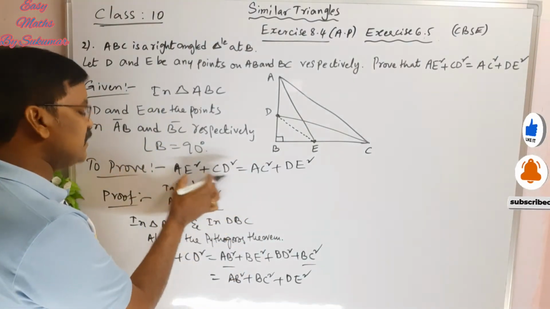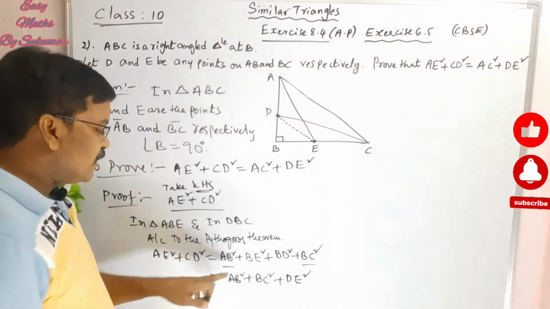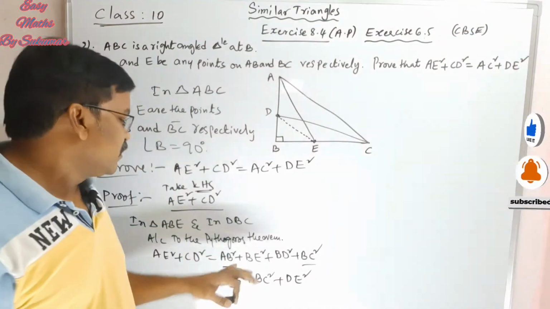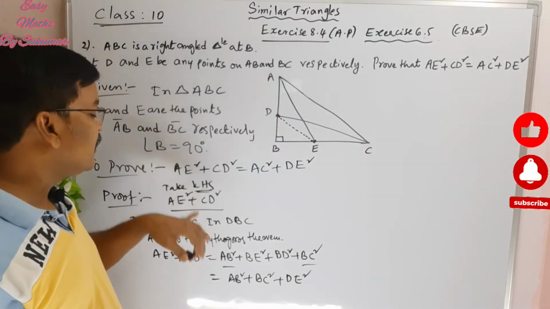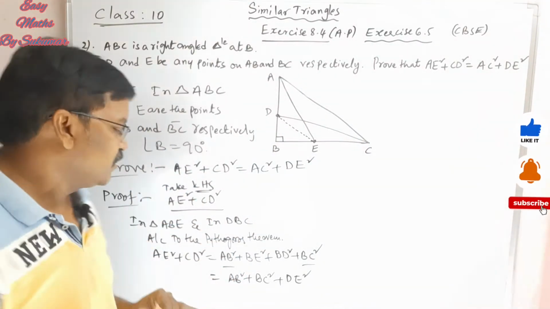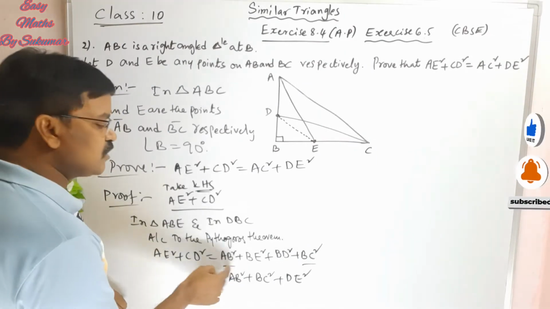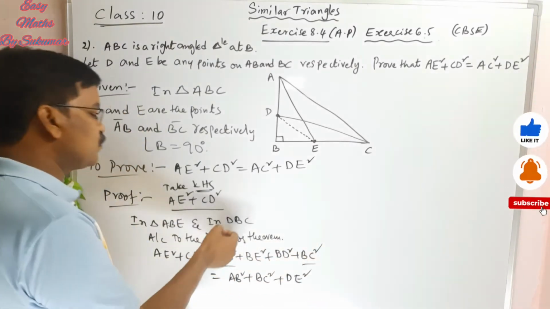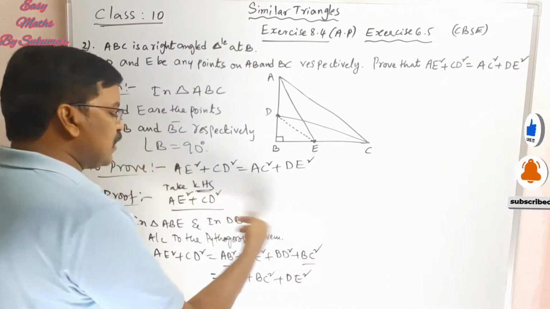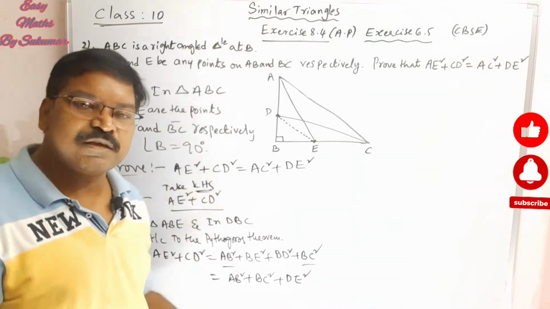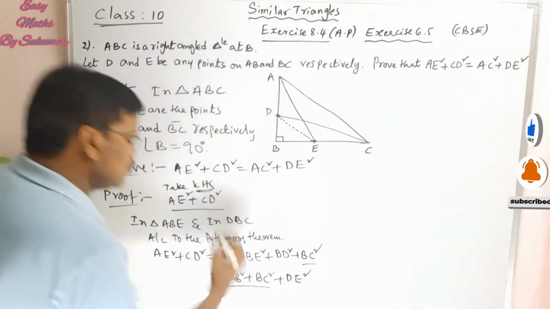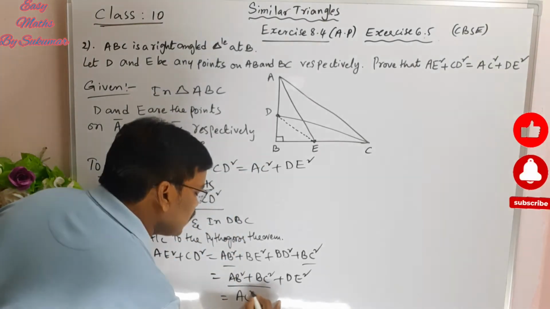Just we have taken AE square plus CD square. AE square is the hypotenuse in triangle ABE, and CD square is the hypotenuse of triangle DBC. So AE square means AB square plus BE square in triangle ABE, and BD square plus BC square is CD square in triangle DBC. Now instead of AB square plus BC square, what do you write here? AC square.